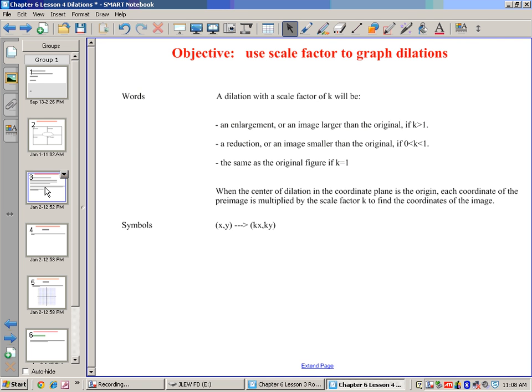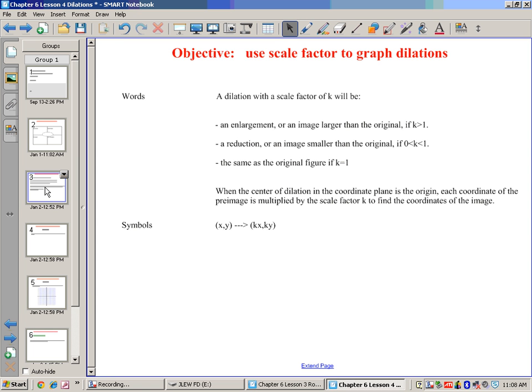We're going to go right into our key concept. Our key concept for dilations is a dilation with scale factor of x will be an enlargement, or an image larger than the original, if our scale factor is greater than 1.